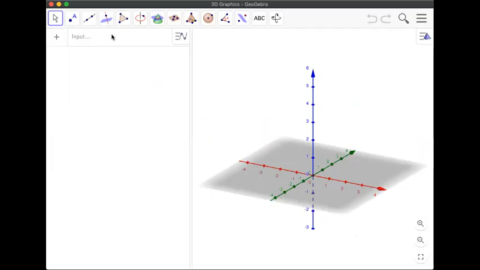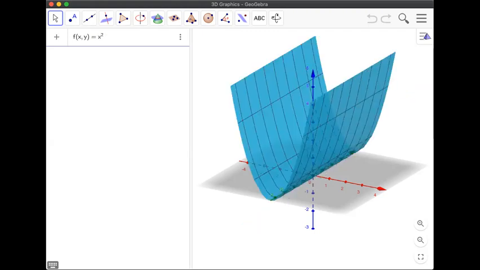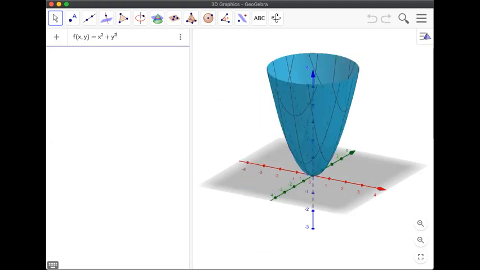I hope we were able to solve this properly. So f of x comma y equals x squared plus y squared. What is this? Elliptic paraboloid. Parabola, parabola, and then ellipse.